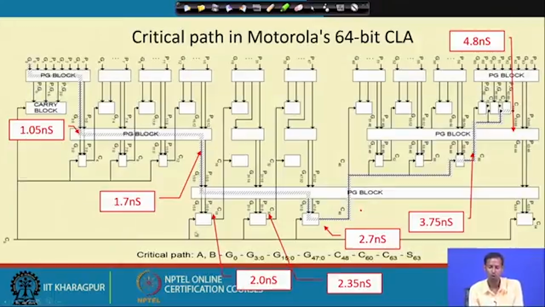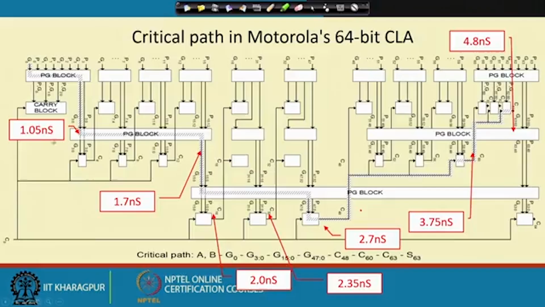Okay. So, this carry look ahead adder is used in Motorola's particular circuit. At that time, the critical path follows different blocks, and each has a different delay element.